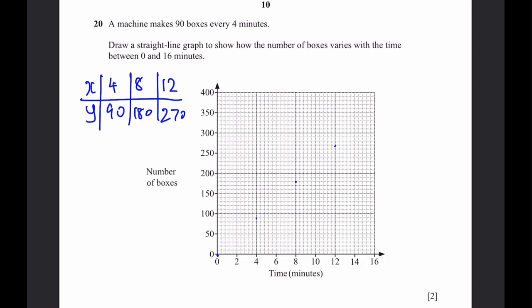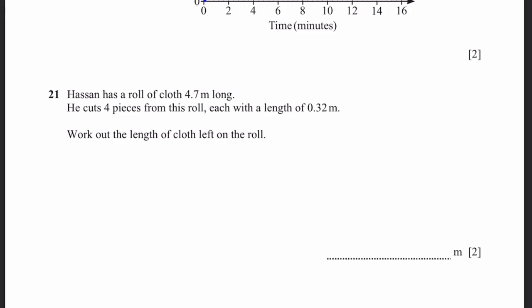And also we have one more point, which you can draw on this graph: 4 into 4, 90 into 4, using direct proportion. 16 is X, which is time, and Y is 360, the number of boxes, which will be over there. Now we can simply connect the dots, or in other words, draw a straight line through them. And this is our straight line graph. That's the answer.